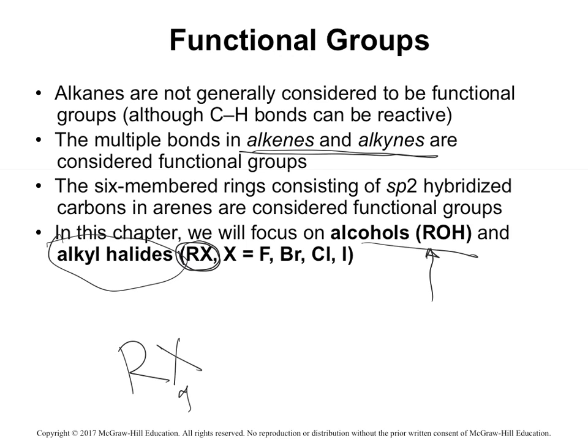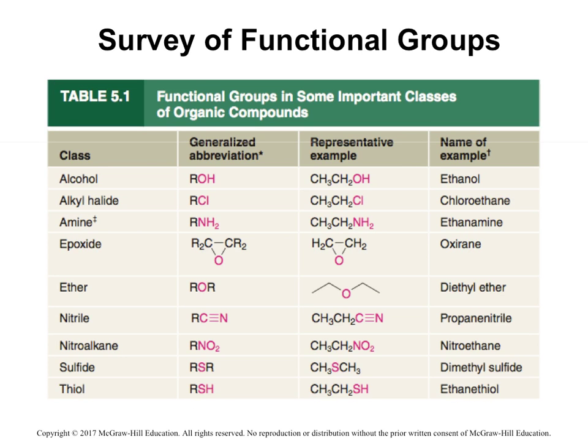There's something called an arene, which for those of us with an accent sometimes comes out sounding like Aryan. No, it's not like Germanic power or anything like that. It's arene, and arenes are where you have rings that alternate single, double, single, double, and so on and so forth. Okay, so this is that table.